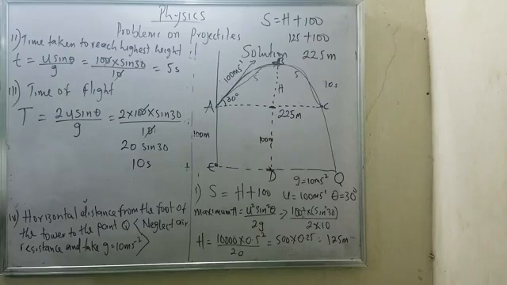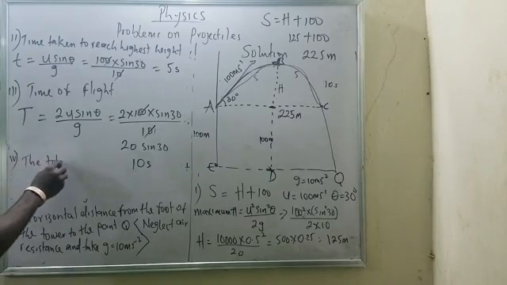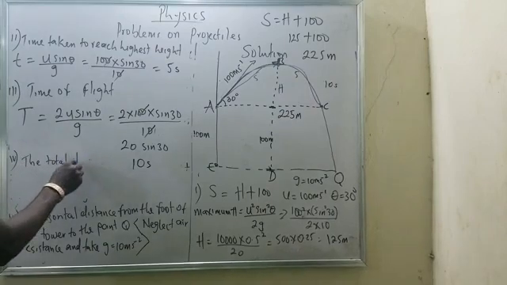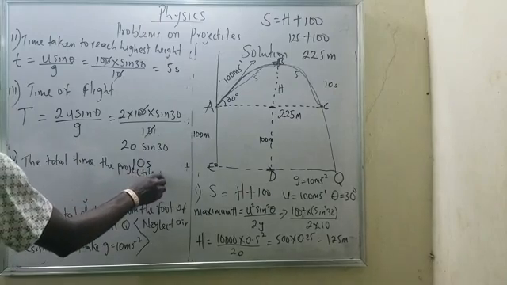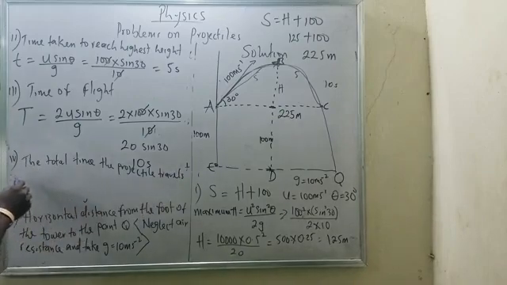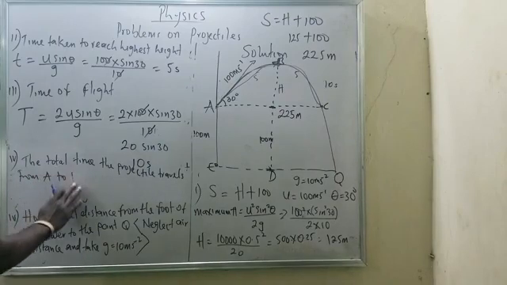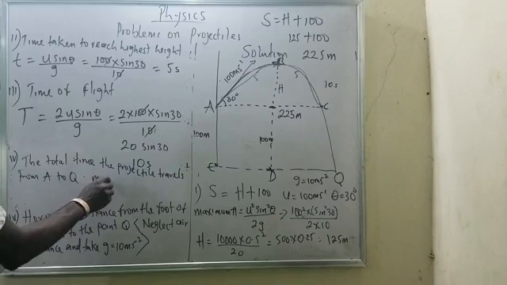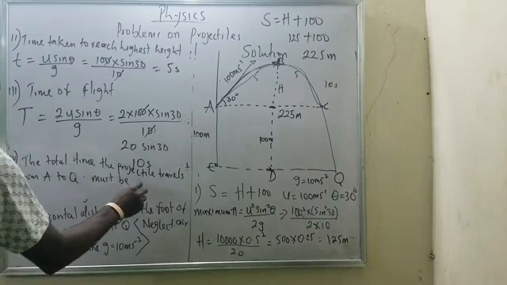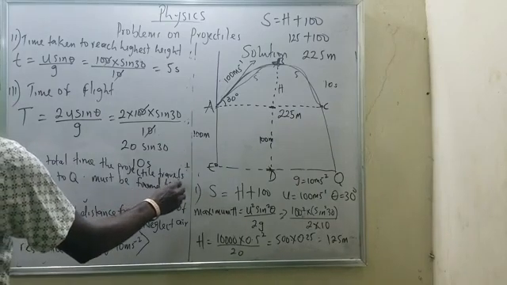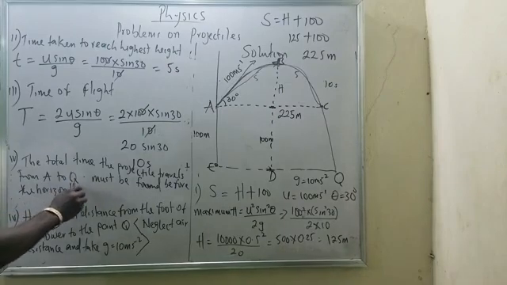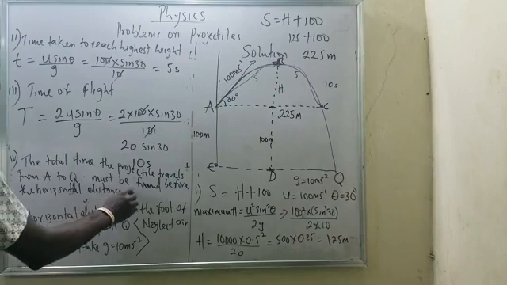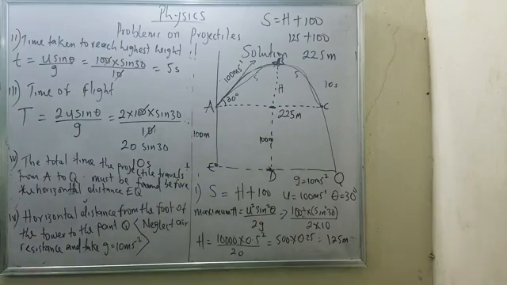Don't forget that the first thing I need to do, number 4, is that the total time the projectile travels from A to Q must be found before the horizontal distance, which is EQ.